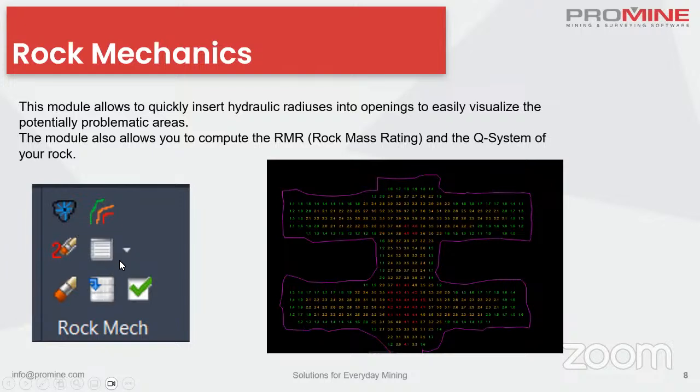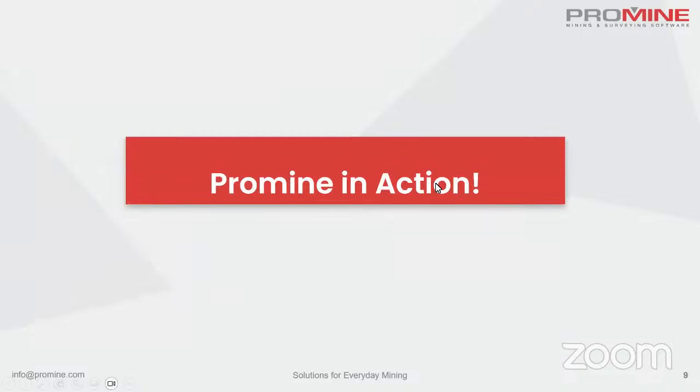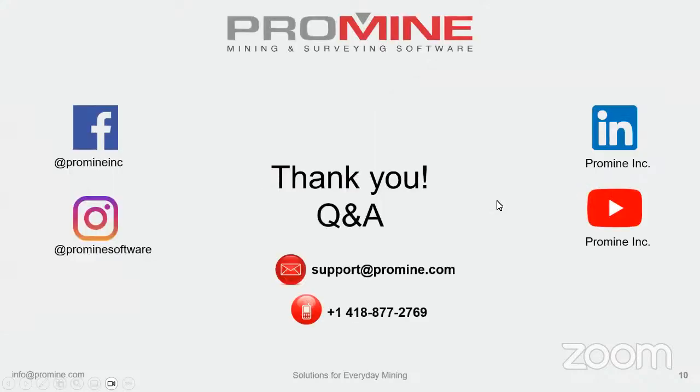There are 6 icons, and one of them is an extendable icon that has 3 more within it. So with that said, let's get right into the presentation. Just give me a second while I switch to AutoCAD.